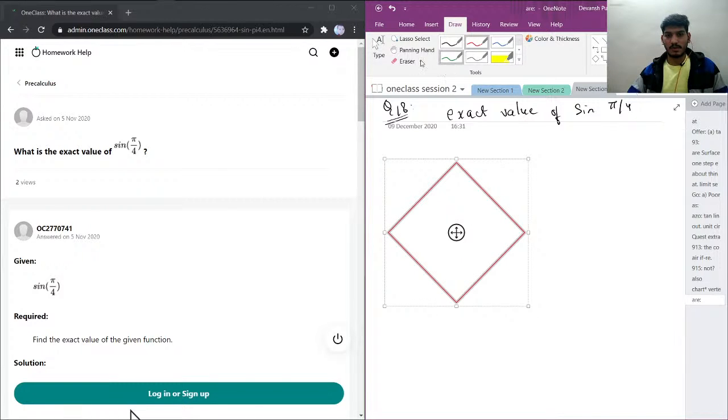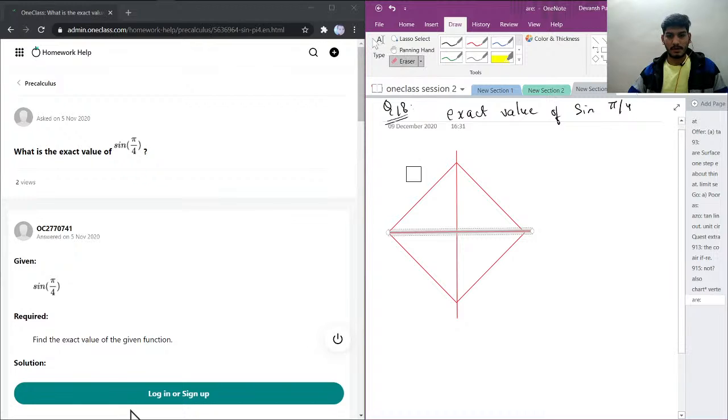A square, then I will make one line from here, I will make one line from here.